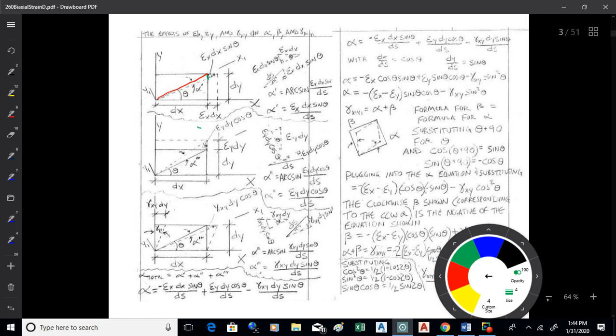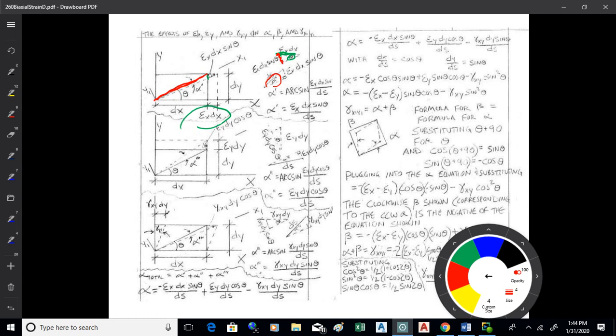So I'm going to get a lengthening there again of epsilon x dx. Got my angle theta. I want to know this little change right there, and that's going to be epsilon x dx sine theta. Okay. And then I'm going to look at how much that rotates this original ds line in red. So that's going to move down by epsilon x dx sine theta. The original length of it is ds.